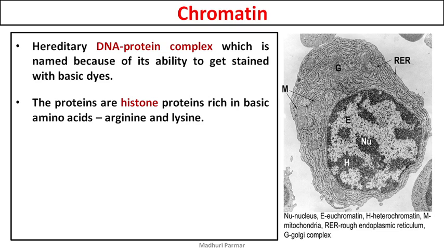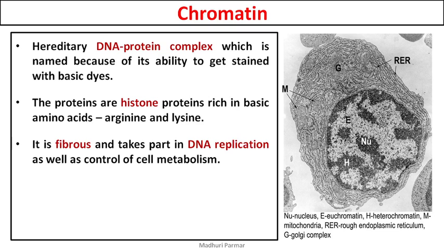DNA is negatively charged, it has acidic nature, and the histone has basic nature. So this is how you will be able to properly bind the DNA to the protein. Chromatin is fibrous, fiber-like, and it takes part in DNA replication, as well as it controls the cell metabolism.